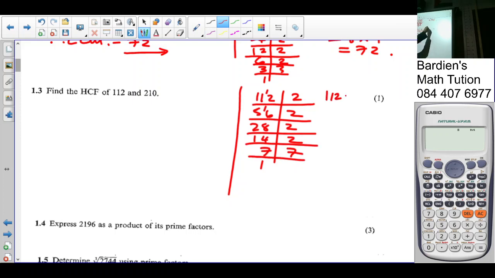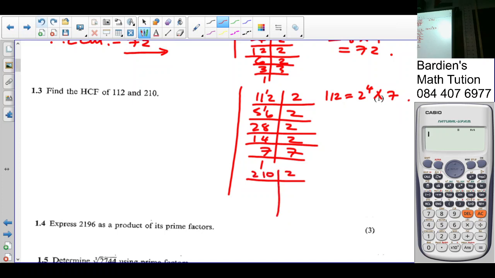So 112 can be written as 2 to the 4 times 7. When you look at 210, sorry.